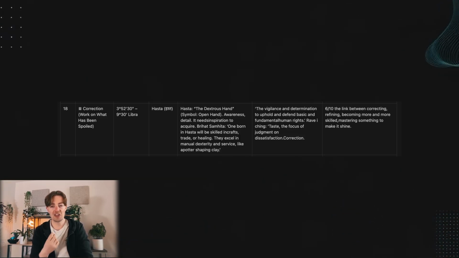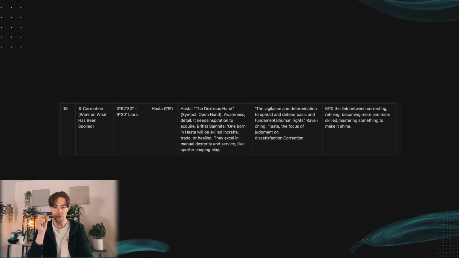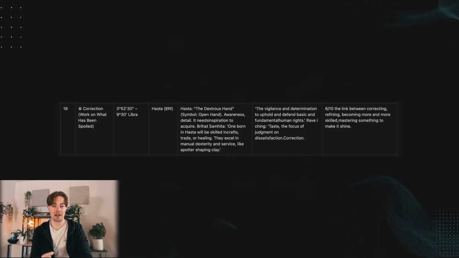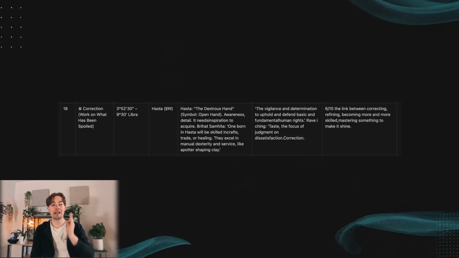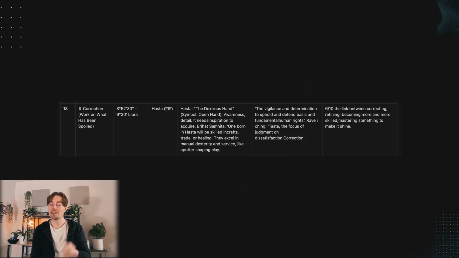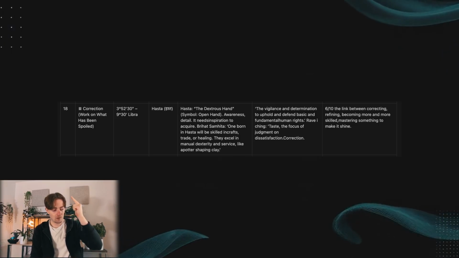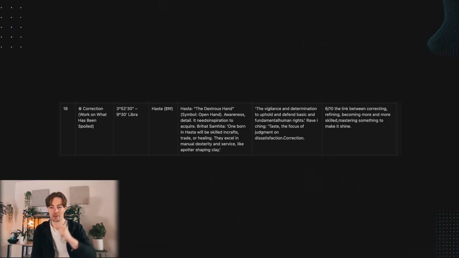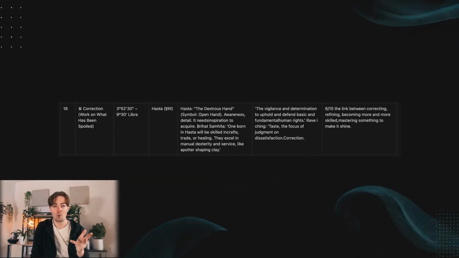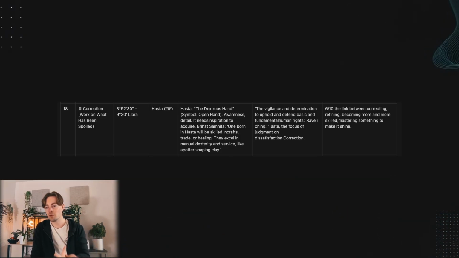But from the Rave I Ching, we have taste, the focus of judgment on dissatisfaction, correction. So this gate of correction, the characteristic of being able to spot what is incorrect, is like editing things, being good at spotting where something is wrong in the details. Is there a spelling mistake in this paragraph? What's wrong with this recipe or this food that I produced?